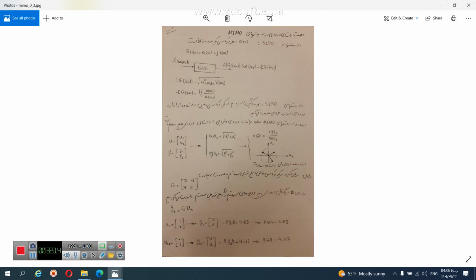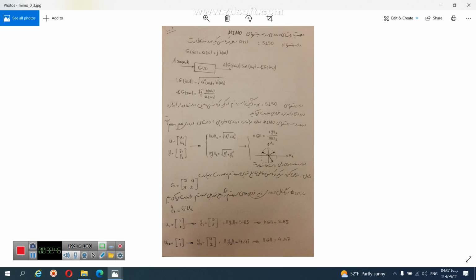This is for u1. And for u2, y2 equals [4; 2]. We multiply G by u2. The norm of y2 equals 4.47, and the norm of G equals 4.47. This is the difference between the two systems. The input changes.